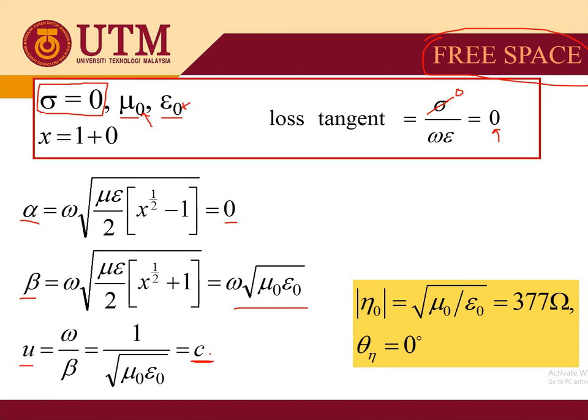The magnitude of intrinsic impedance equals the square root of mu naught over epsilon naught, which is 377 ohm. This is a fixed value, so in free space the magnitude of intrinsic impedance is always 377 ohm, and the angle of intrinsic impedance is 0 degrees.